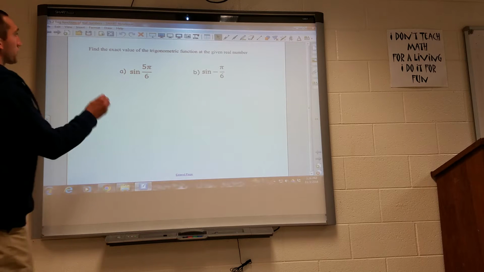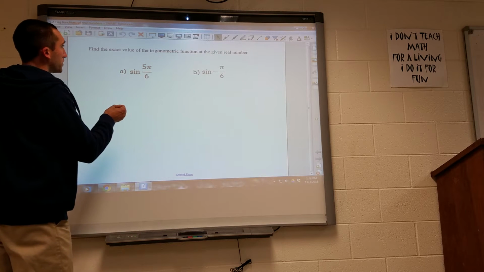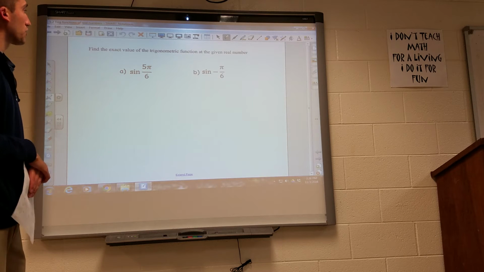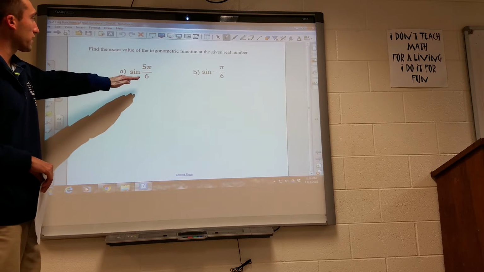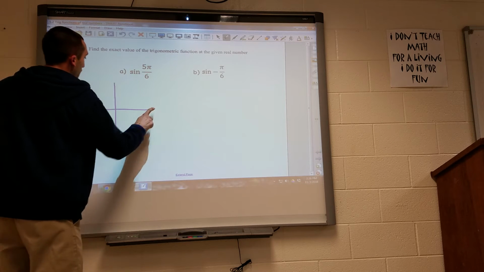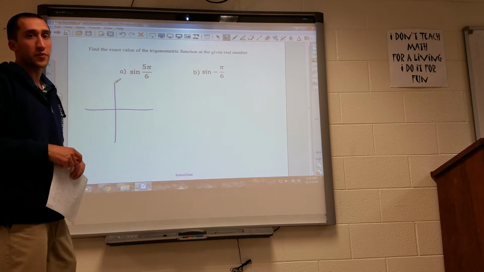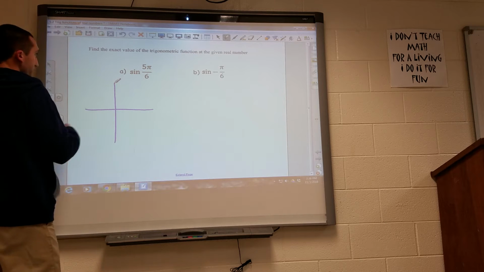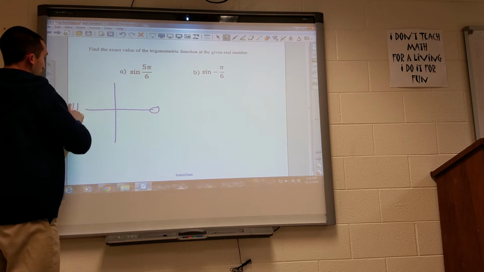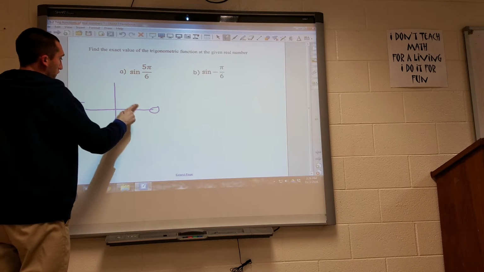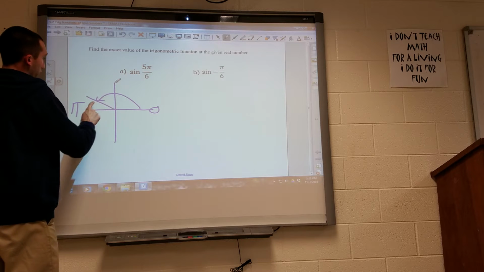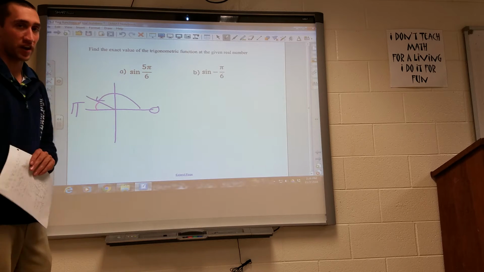The first one, they want us to find the exact value of the trig function at a particular number: sine of 5 pi over 6. First thing we're going to do is find the reference number like we did today in class. Remember, this is 0, this is pi. So 5 pi over 6 is in the second quadrant with a reference angle of pi over 6.